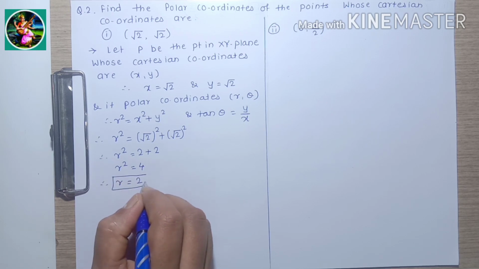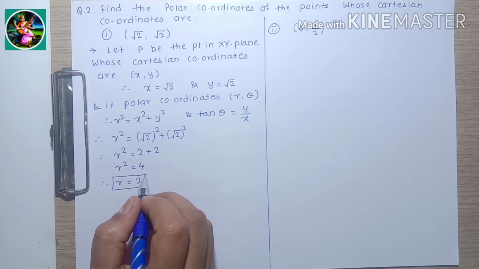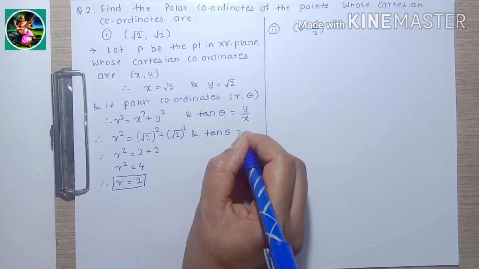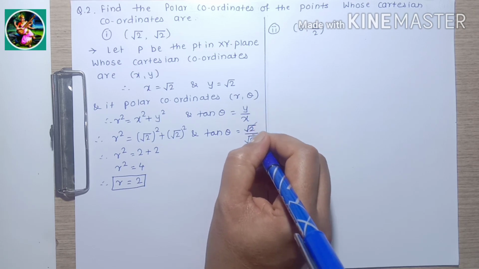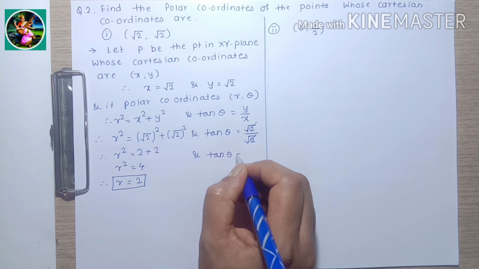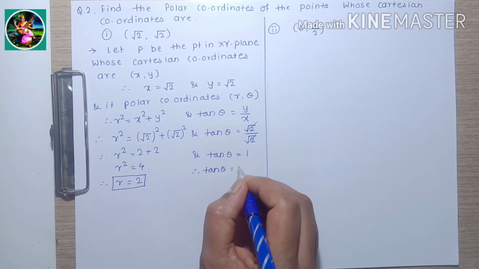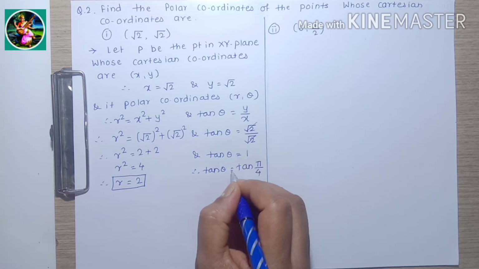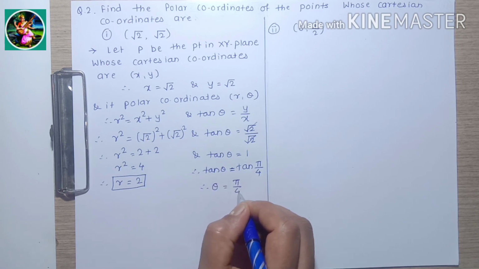As r is the radius or distance between two points, we take only the positive value. Then tan theta is equal to y is root 2 and x is also root 2, the root 2 gets cancelled. Here we get tan theta is equal to 1. As we know that tan of pi by 4 is 1, here we substitute instead of 1 tan of pi by 4. Therefore theta is equal to pi by 4.